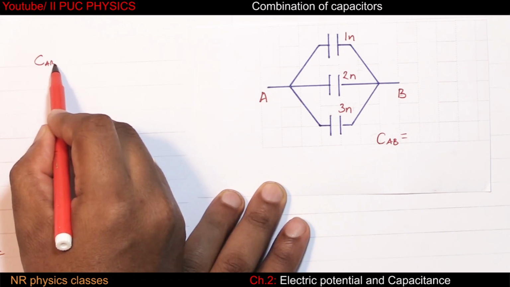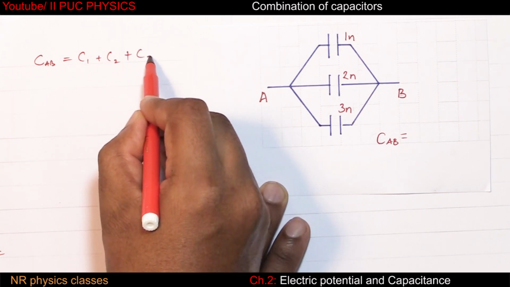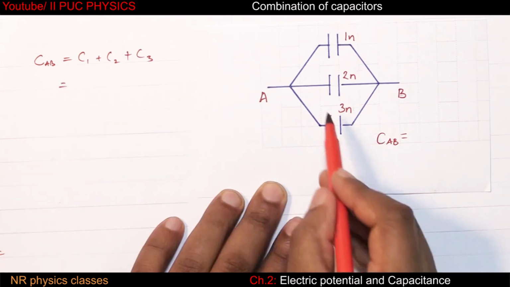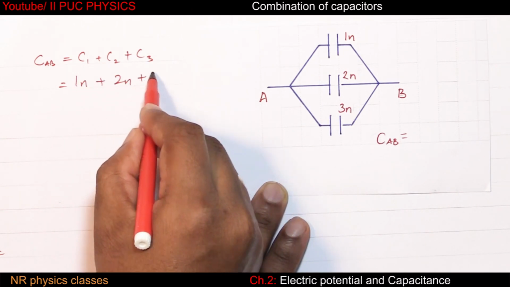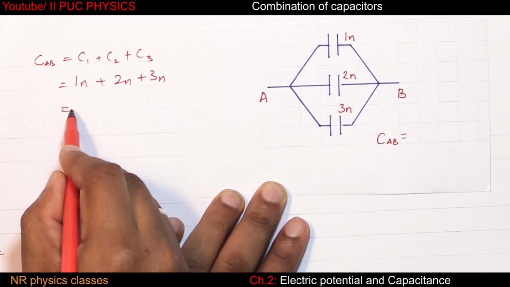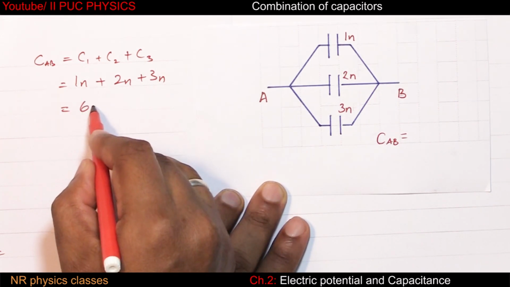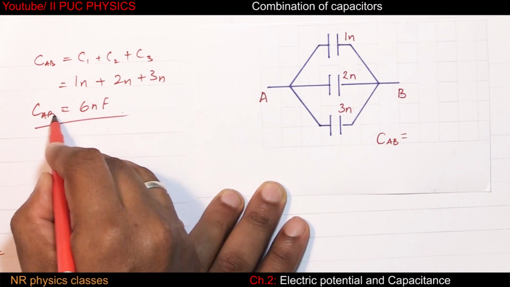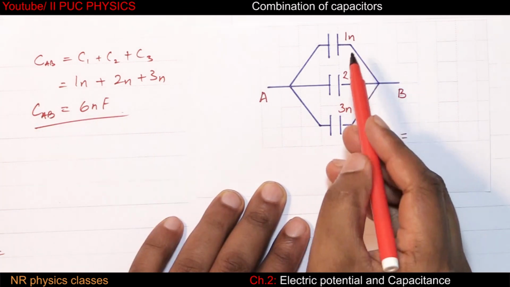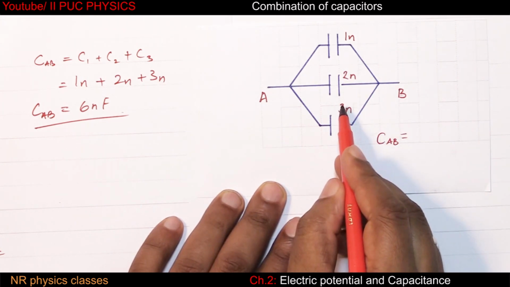CAB equal to C1 plus C2 plus C3 equal to 1 nano plus 2 nano plus 3 nano equal to 6 nanofarad. This is CAB. Observe this carefully. It will be helpful to solve problems related to parallel combination.